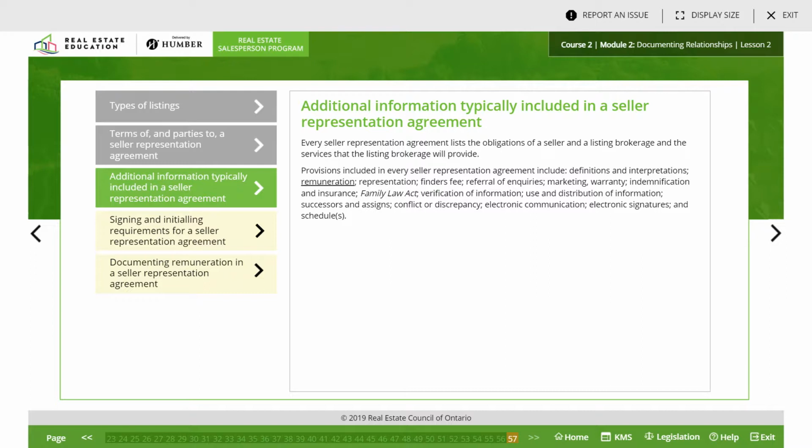Every seller representation agreement lists the obligations of a seller and a listing brokerage and services that the listing brokerage will provide.